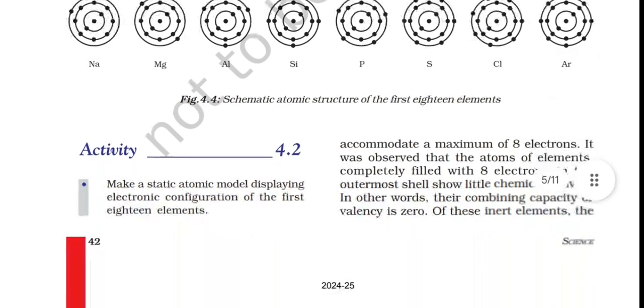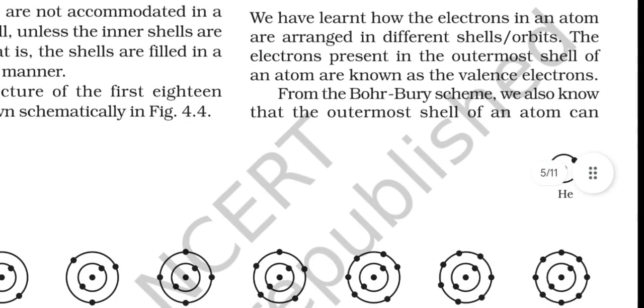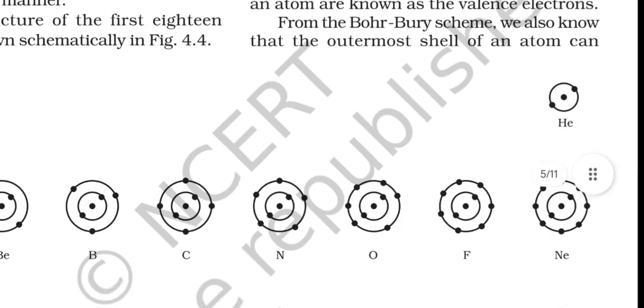Okay, now the next point, valency. We have learned how the electrons in an atom are arranged in different shells or orbits. The electrons present in the outermost shell of an atom are known as the valence electrons. Here, if you see, the electrons are present in the outermost shell. So that is the valence of that particular atom.